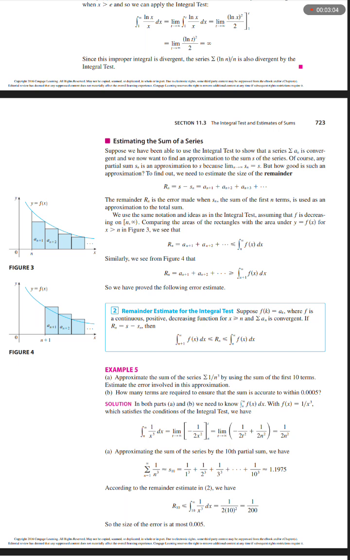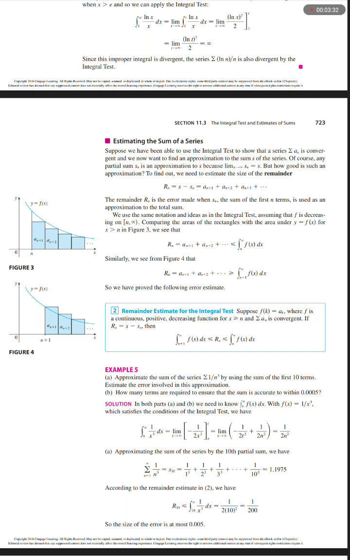Back to the text. Number 2, the remainder estimate for the integral test. Suppose f of x equals a sub k, where f is a continuous positive decreasing function for x greater than or equal to n, and the sum of a sub n is convergent.